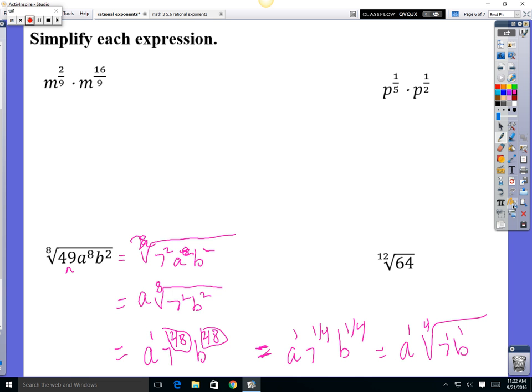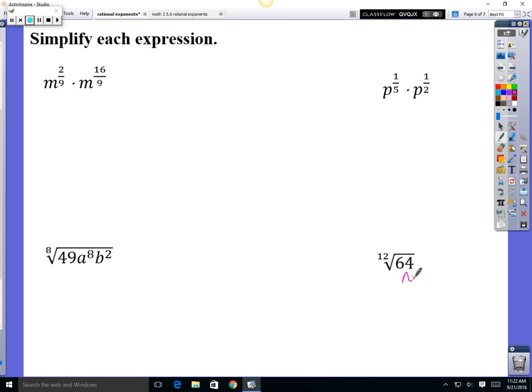Okay, the next one, 64. Let's break it down. So if you have a number, always break it down. 64 is 8 and 8. And that is 2 times 2 times 2. And that is 2 times 2 times 2. So we're going to go the 12th root of 2 to the 6th.